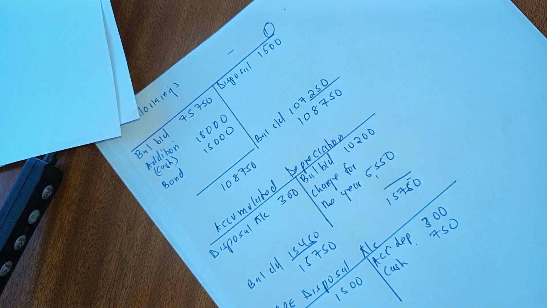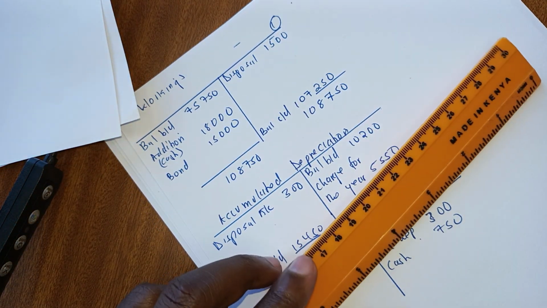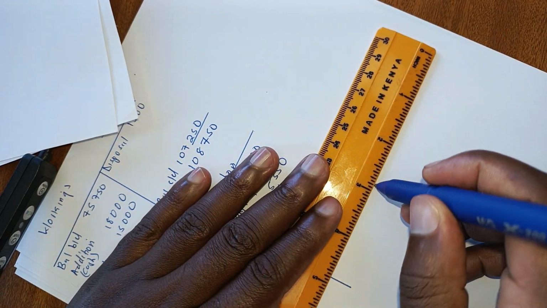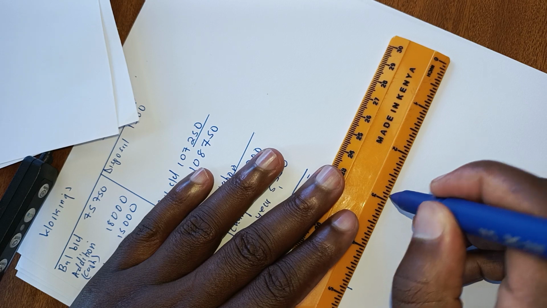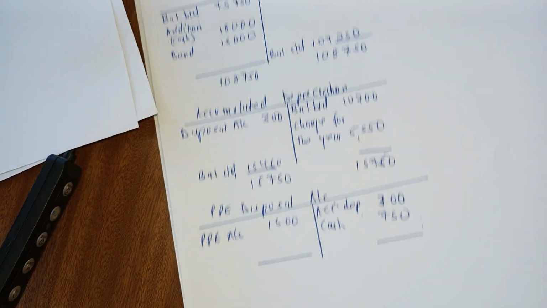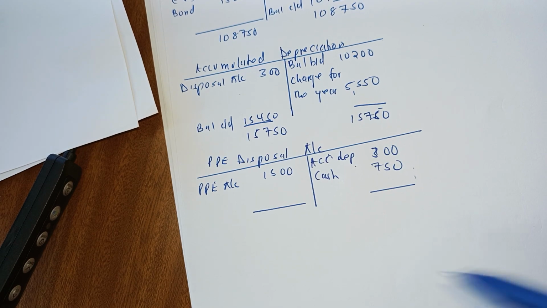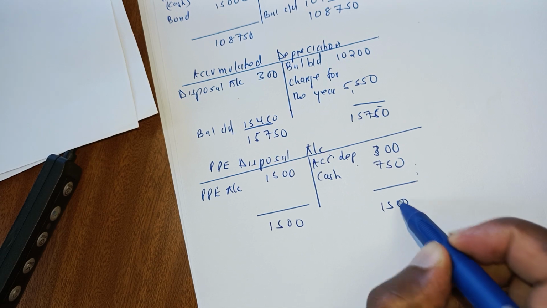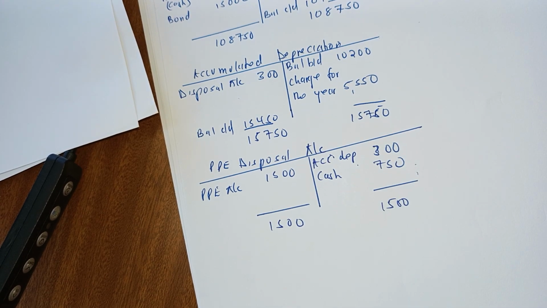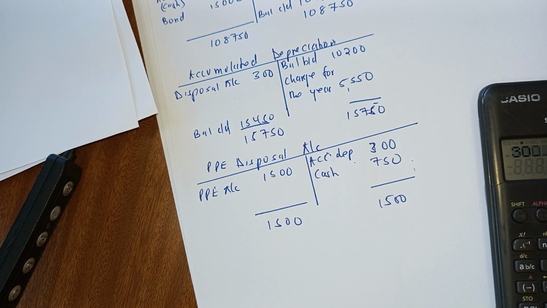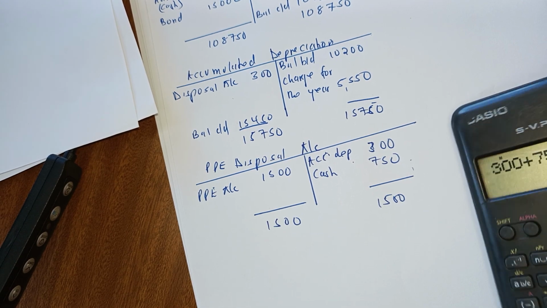The disposal account is going to help us to look whether there was gain or loss on disposal. Of course, this side is likely to be more. 300 plus 750 is 1,050.